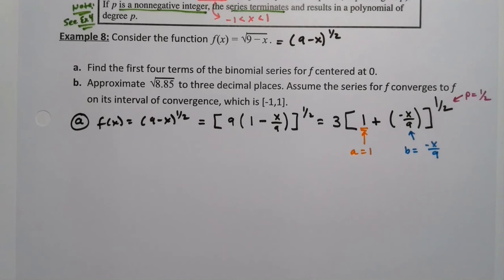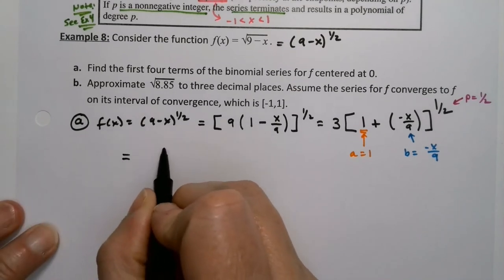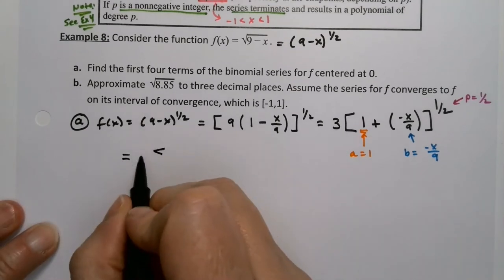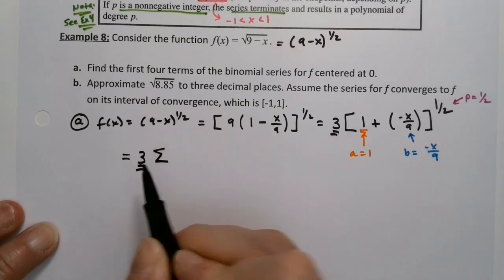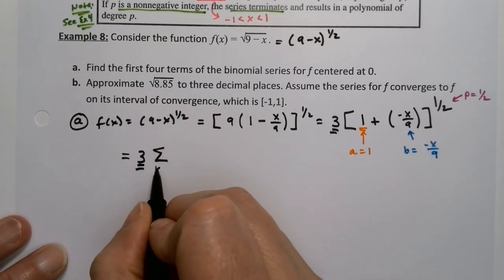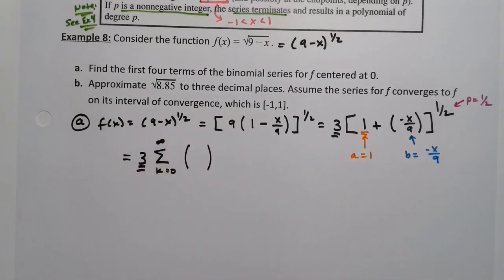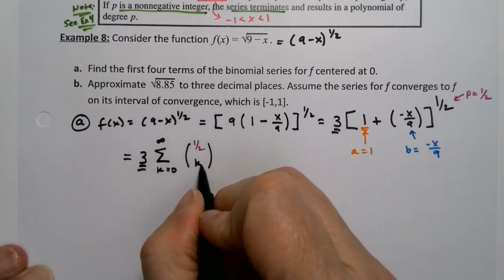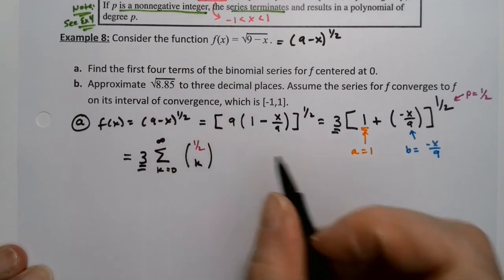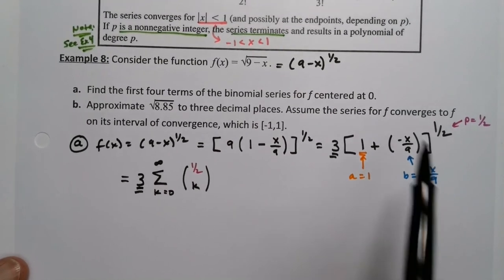So for that Taylor series, that would be equal to, oh, there's a 3 in front, so I'll just put a 3 in front of the whole thing, right? And then it's the sum from k equals 0 to infinity. I'm going to use my power, which is 1/2, choose k, and then I'm going to have x, but x for me isn't as clear cut as it was in the theorem up above.